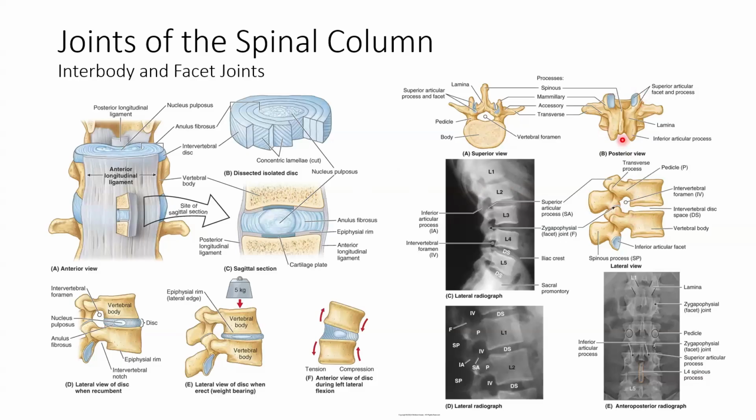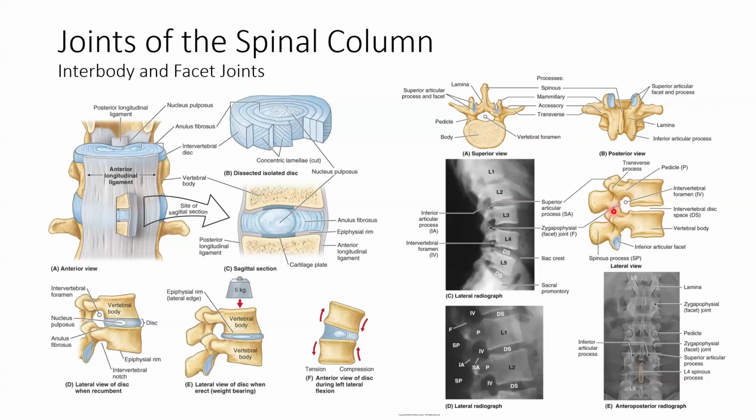And so you can see on this image, anytime on a drawn image like this that you see blue like this, that's them trying to indicate articular cartilage. And so off this articular process, we see this articular cartilage on the articular surface, which is called the facet. And so we get the inferior facet here with the superior facet here, creating a zygapophyseal joint, Z joint, or facet joint.